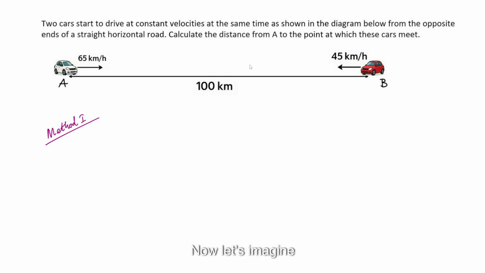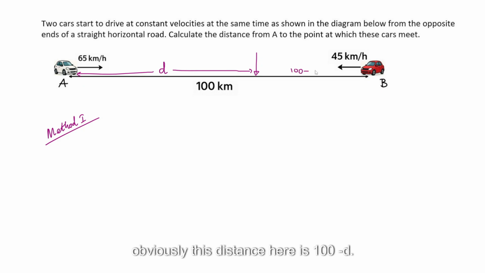Now let's imagine these two cars meet at this point here. Say the distance between point A and this point here is D. So obviously this distance here is 100 minus D. Now I can use speed is equal to distance over time for the first one.